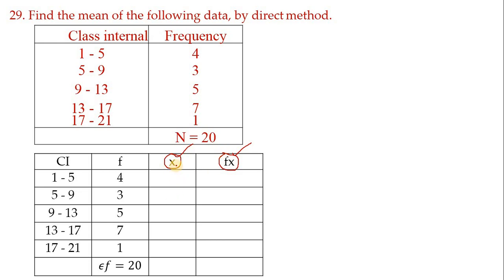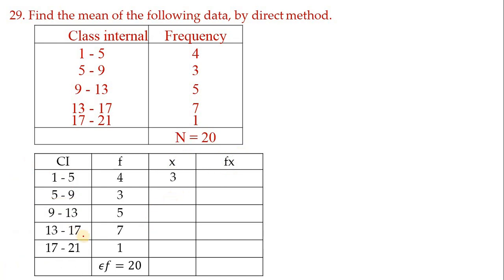Now how to find the value of x? It's very simple. Look at the class interval. The first class interval is 1 to 5. Add 1 to 5, so we'll get 6. 6 divided by 2, 2 threes are 6. Hence 3 is the midpoint of 1 and 5.